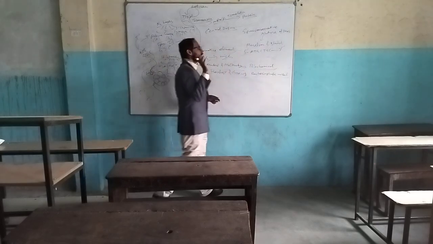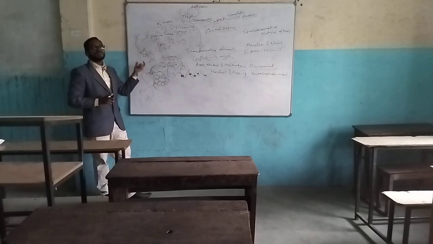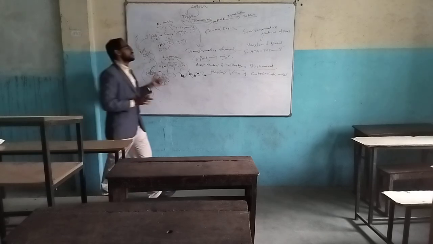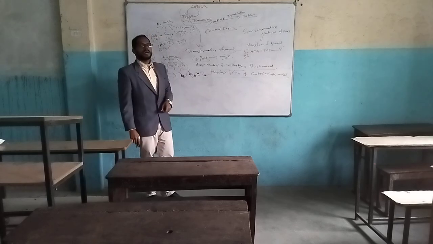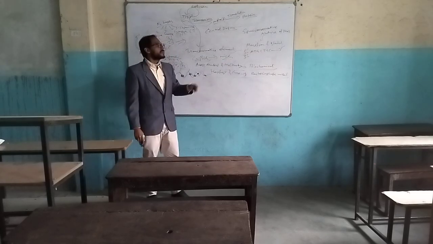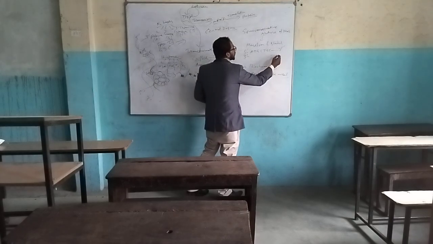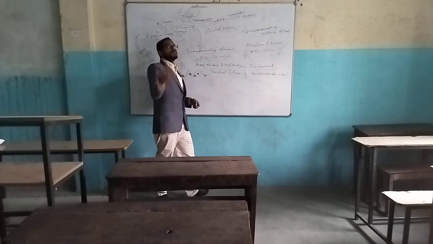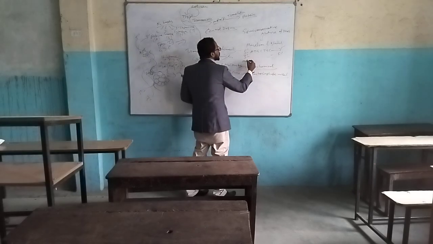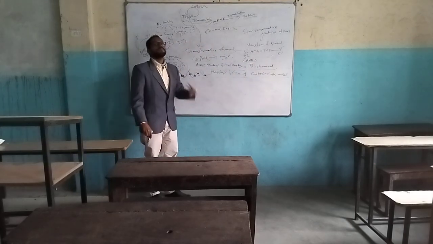I say that in this double helical structure of DNA, one strand runs from 5' to 3' and the other strand runs from 3' to 5'. In the question they will provide one strand, the 5' to 3'. Now they ask what will be the 3' to 5' sequence of that DNA and what will be the mRNA sequence after transcription.